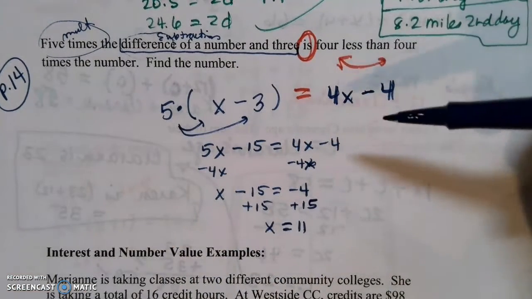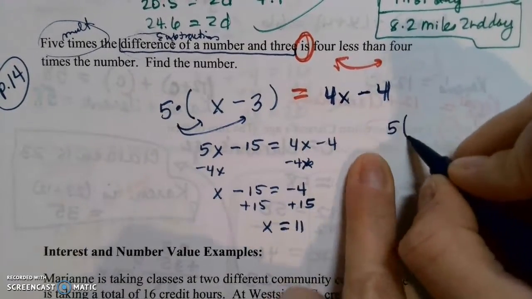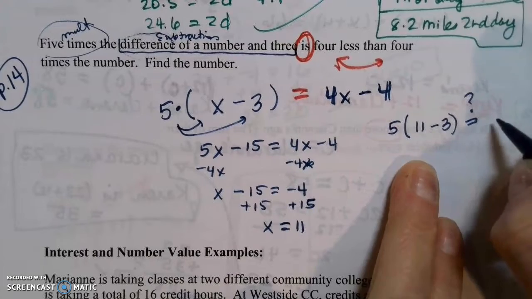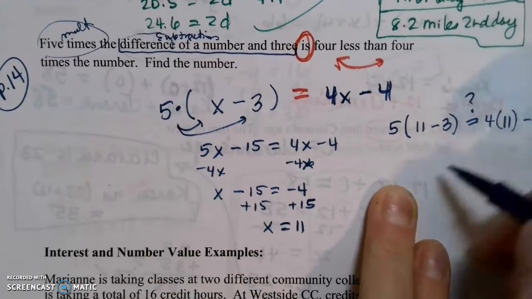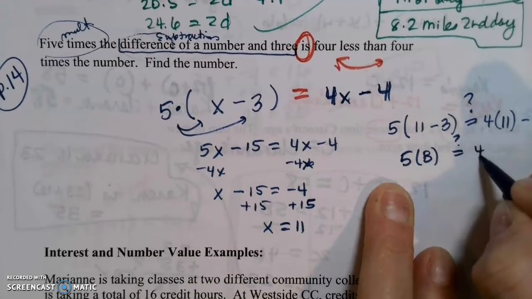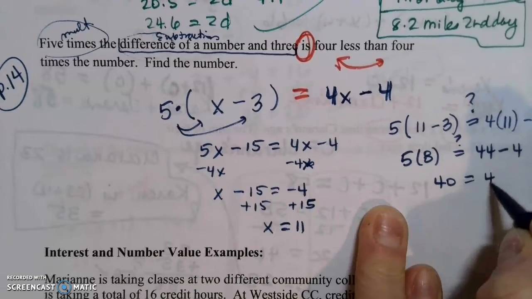All right, so check and see, does that make sense back in my original equation? So 5 times 11 minus 3, is that going to be the same as 4 times 11 minus 4? So 5 times 8, does that equal 44 minus 4? And of course this is 40 and this is 40.